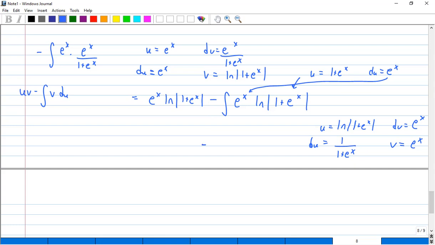So if I do this again, it's going to be e to the x times natural log absolute value 1 plus e to the x. Everything I do after this is going to have a minus in front of it. So it's uv minus the integral of v du, which I can do.